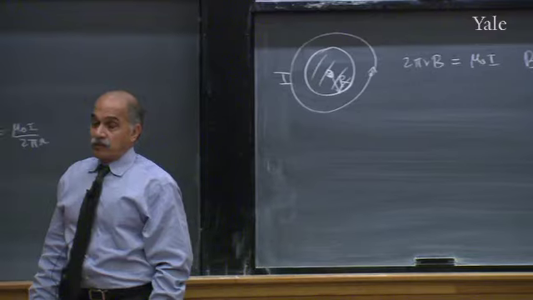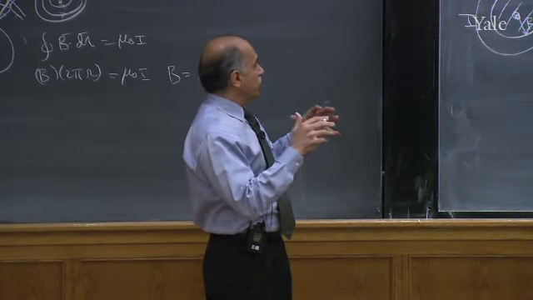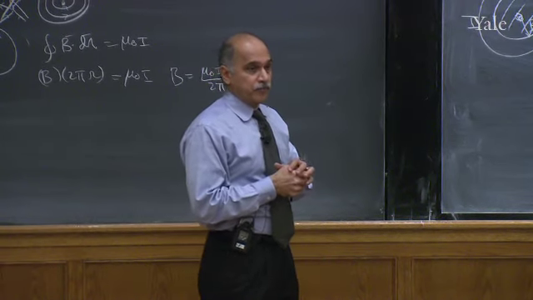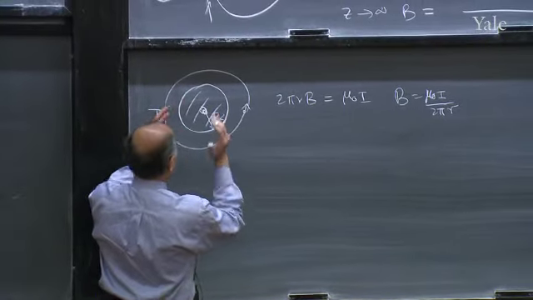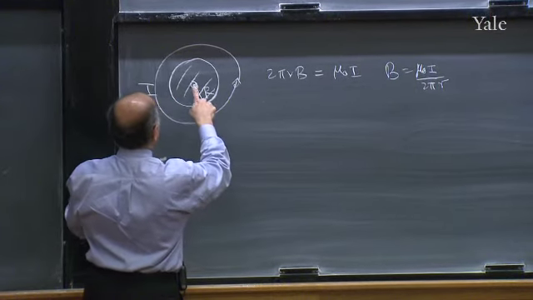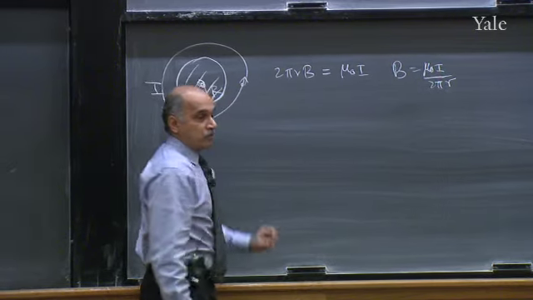Again, this should remind you of Gauss's law, where if you have a ball of charge, the field due to it looks like the field of a point charge sitting at its center. Likewise, the field of a uniform distribution, a tube of current coming towards you, outside this tube looks like it's all coming from the center, because that's what it would look like if the entire current were concentrated at the center.